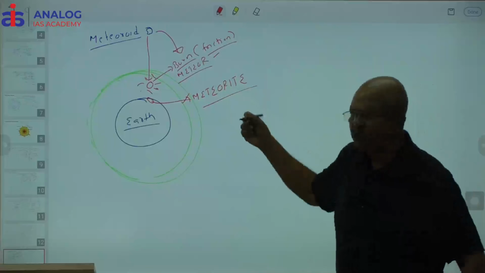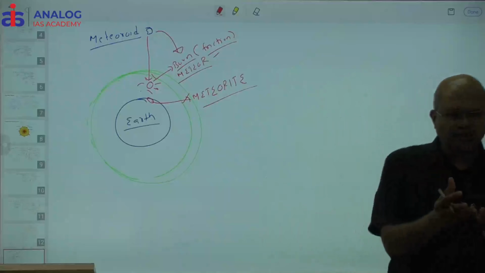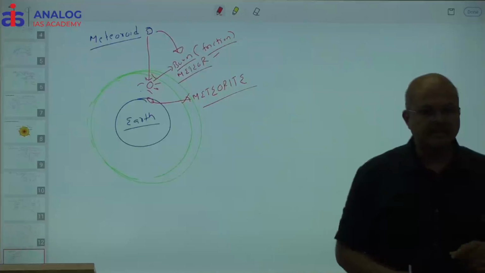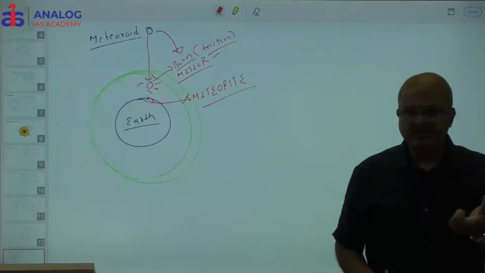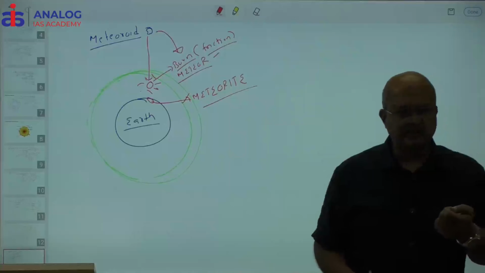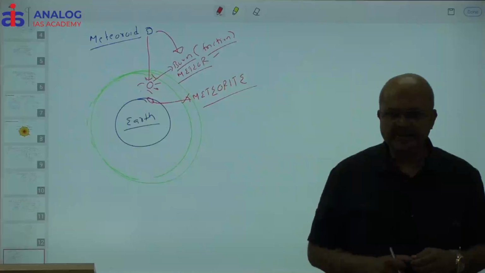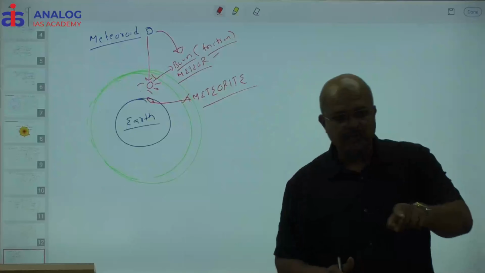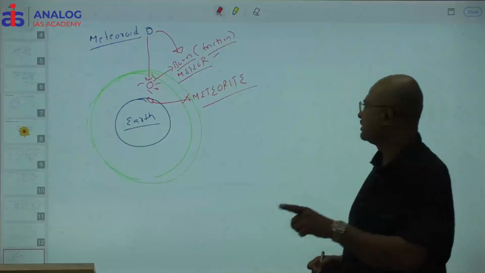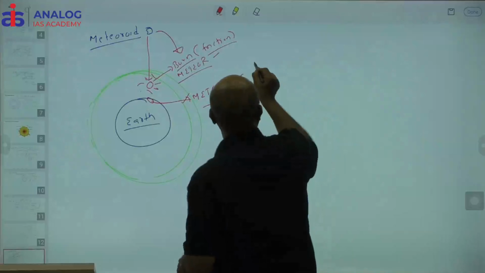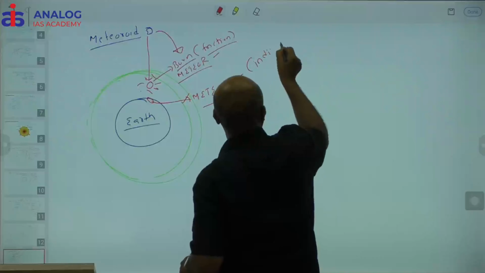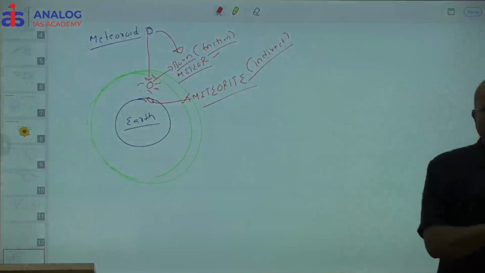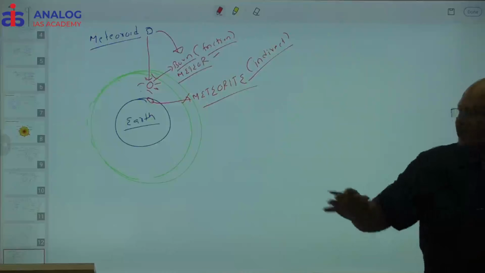Now, the composition of a meteorite will be almost the same as that of the Earth. So hence meteorites can be referred to as evidence to study the Earth. Is it direct or indirect evidence? Meteorites are referred to as indirect evidence. Study the Earth's composition because the composition may be the same.